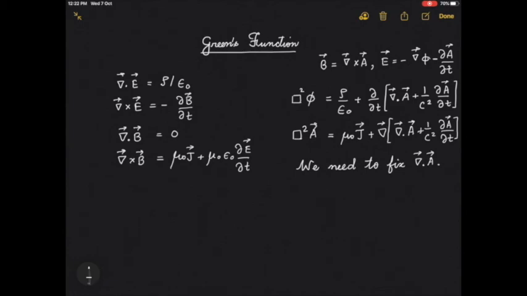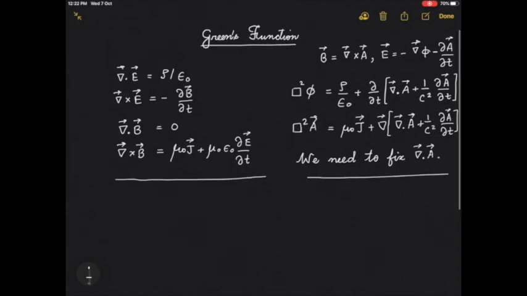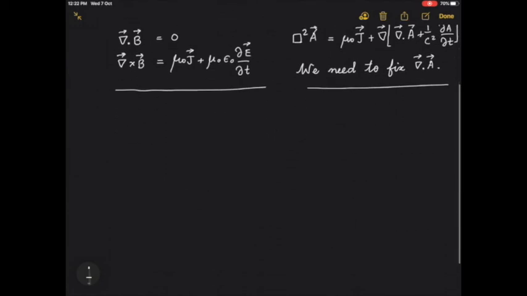Now if you look at these equations, even the electric fields and the magnetic fields can also be cast in equations of the same form. They have these general properties.